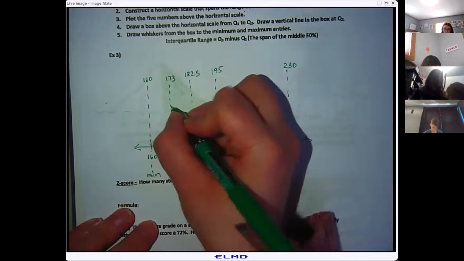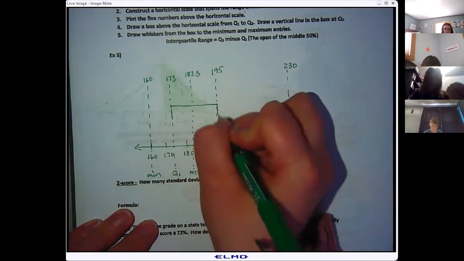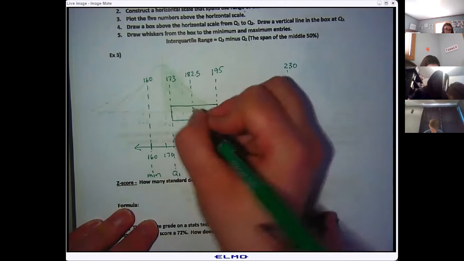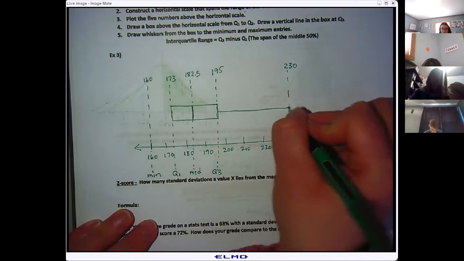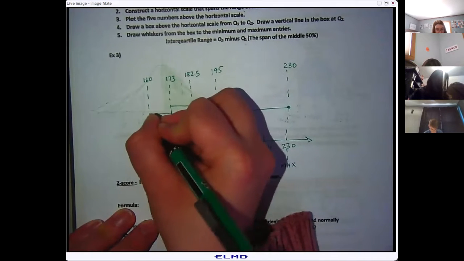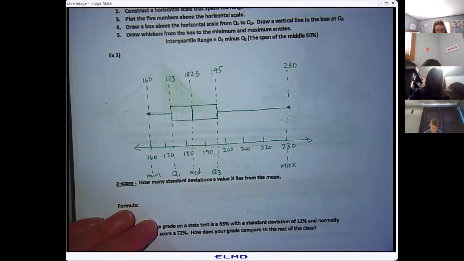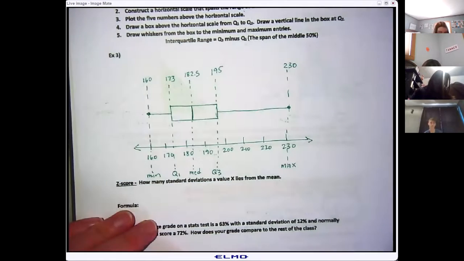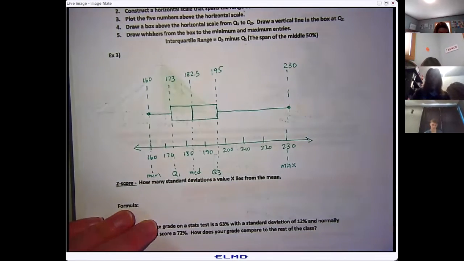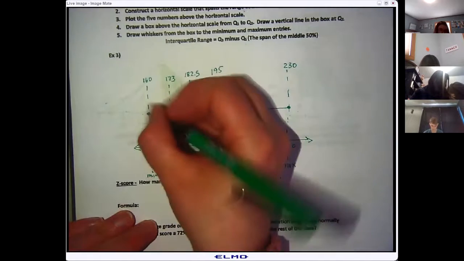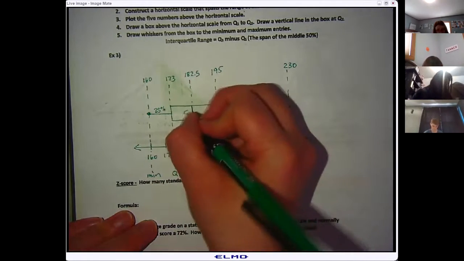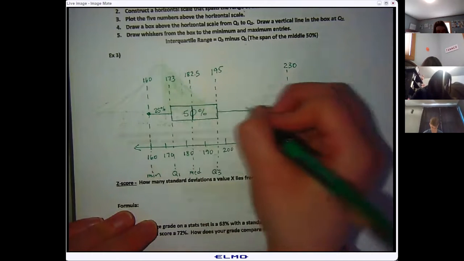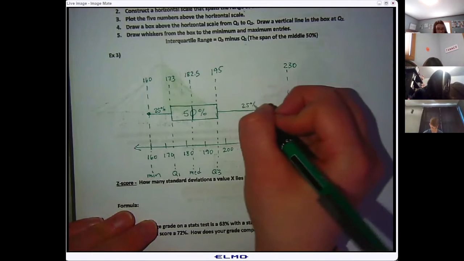And then you draw a box between Q1 and Q3 with a line at the median, and then whiskers that go out there. This will show you the bottom 25%. This is the middle 50%. This is the top 25%.